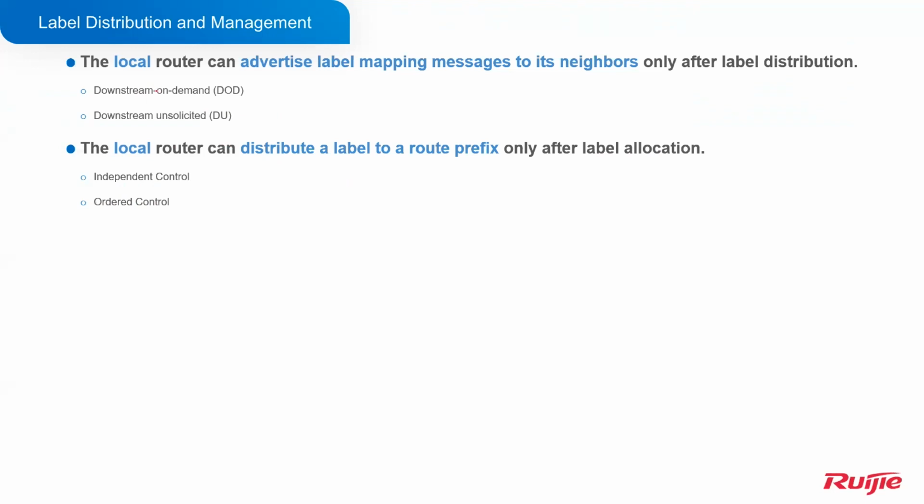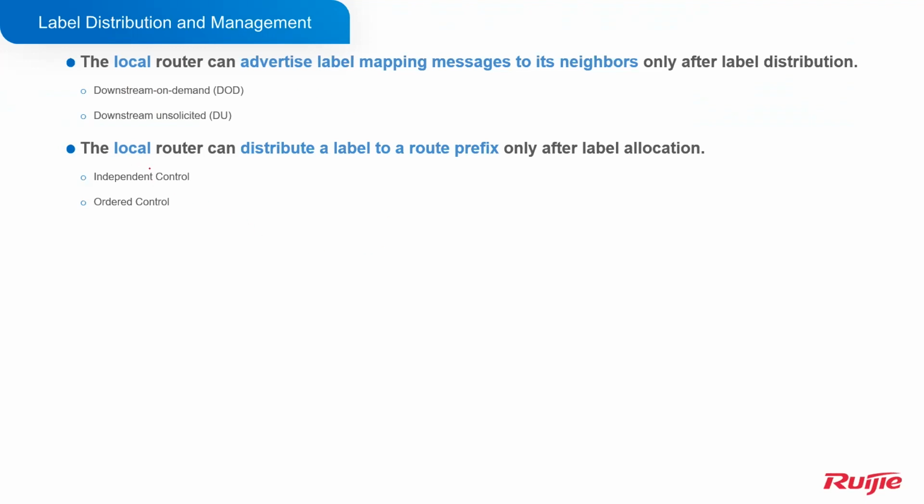The first limitation is when I can send out the label. If my neighbor asks me, please give me the out label, then I will send it to you. This is a request and a reply. Or maybe when I assign my in label, I will directly send it to my neighbor. That means I don't care whether you request it or not, I will send it directly.